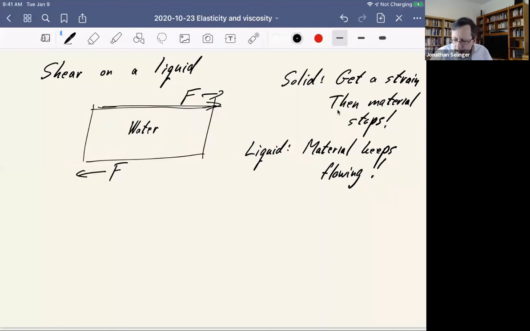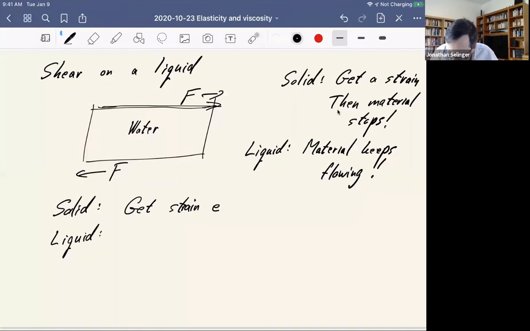So in a solid, you get a certain strain, strain e. In a liquid, you get a strain rate.